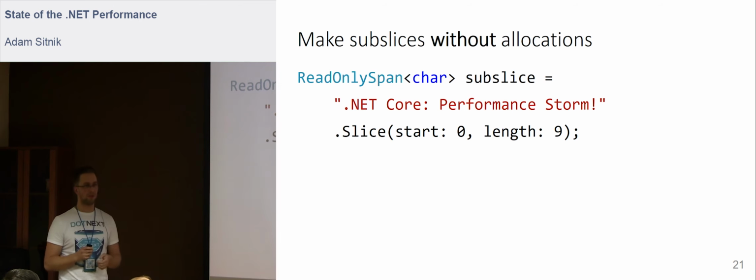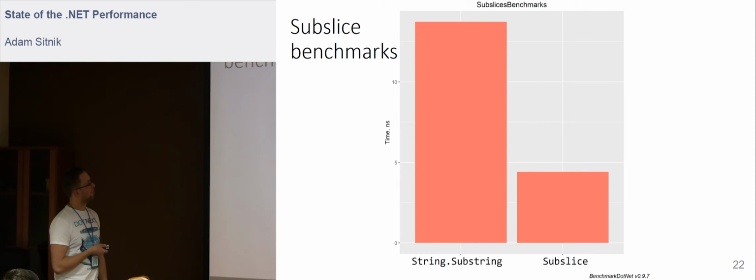But the good point is that the end users don't need to worry about that, because we just have a nice managed API to work with it. You don't need to understand how it works if you want to use it, but it's of course great if you do. And to convince you, how much does it cost to substring a string? How much does it cost to subslice it?